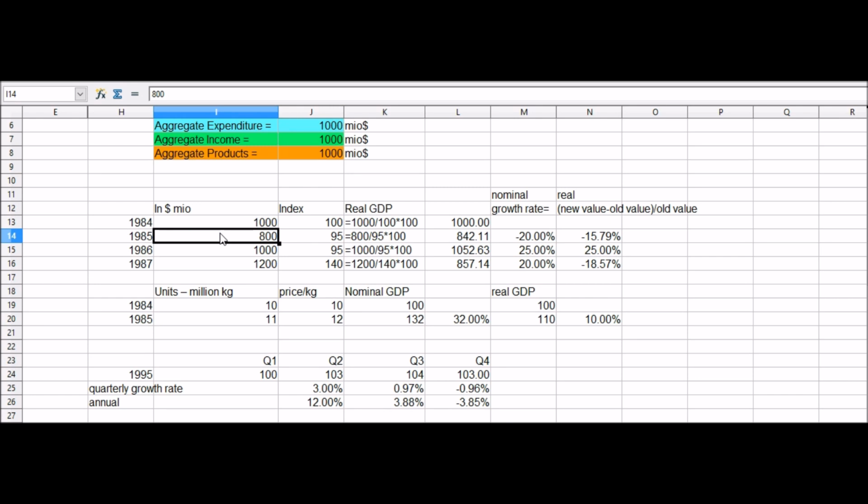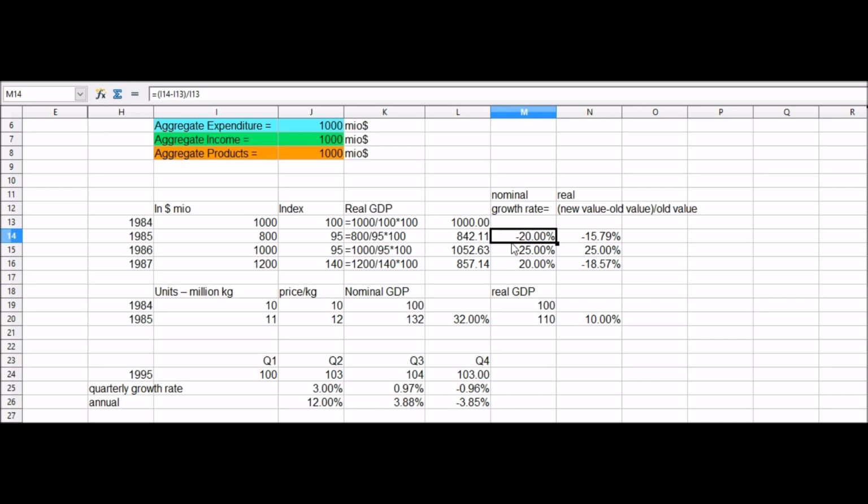But if we compare between 1984 and 1985 and find out the growth rate, we see that the nominal GDP growth rate is negative 20%, which means that in current market prices, the gross domestic product has dropped 20% on a year-on-year basis.